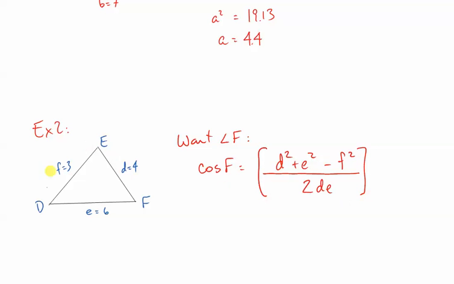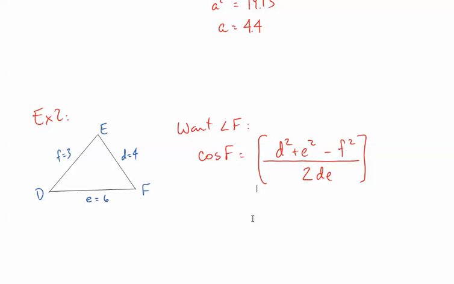Notice it doesn't always have to be an ABC triangle. This works for any letters. Cos of angle F then is 4 squared plus 6 squared minus 3 squared, over 2 times 4 times 6.